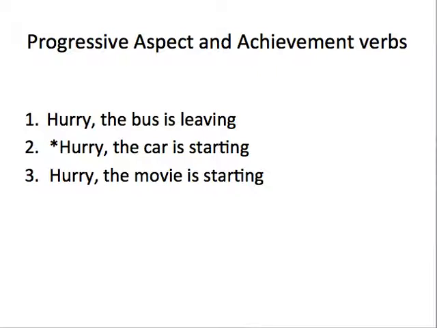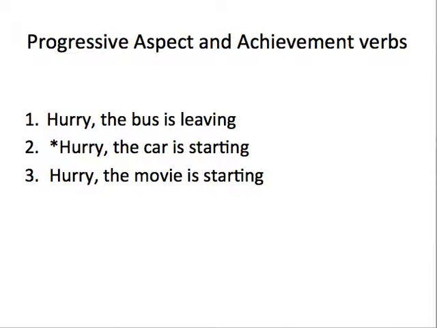But the notion that hurry, the car is starting is a little weird. You'd have to perhaps go back in time to the days when cars were cranked by hand and somebody would try and crank it so it turned the engine over and it spluttered. Oh, yeah, it's catching. But that doesn't seem to happen now. Hopefully it doesn't, not with my car. Hopefully it doesn't happen with your car.